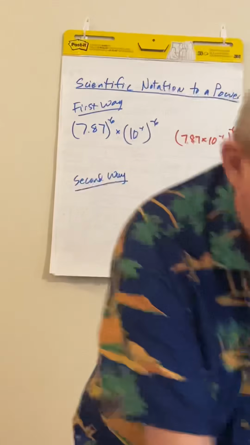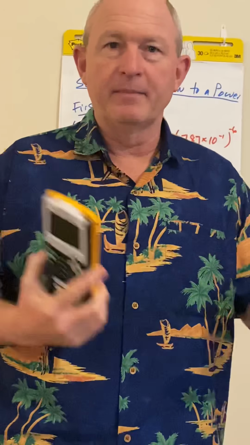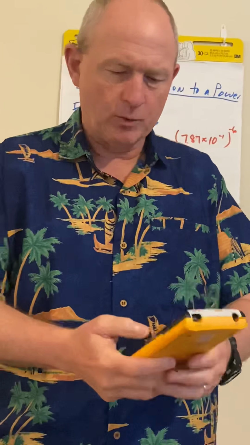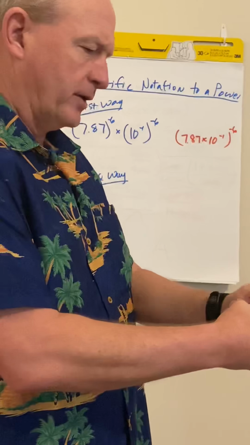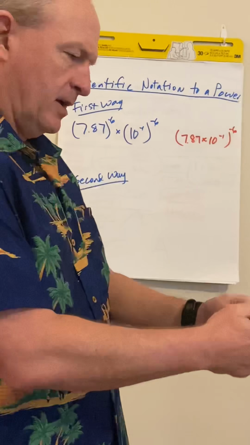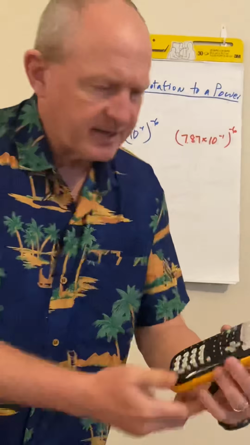Now, I'm never going to be able to do 7.87 to the -6 without using my calculator. I just literally am never going to be able to do that. That's way too hard. So we're going to do that right now.